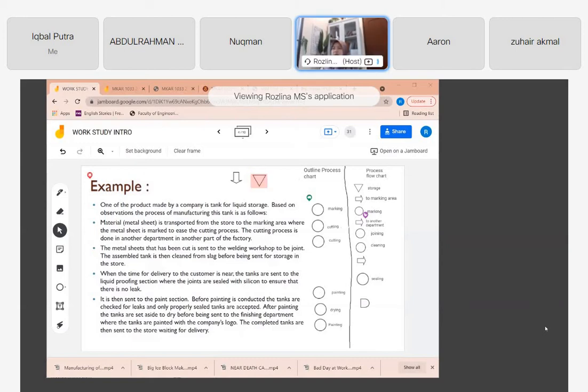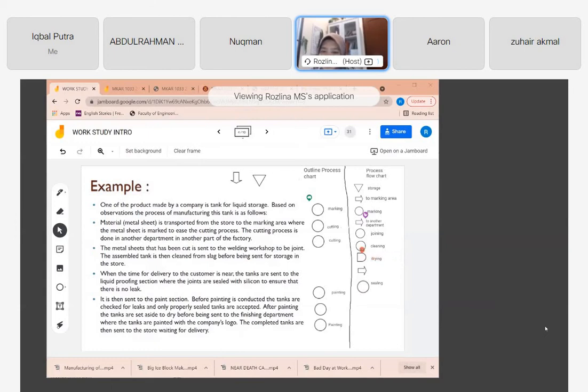You just put it on the shop floor after you finish the cleaning process? Okay, cleaning. But you have to transport first, right?